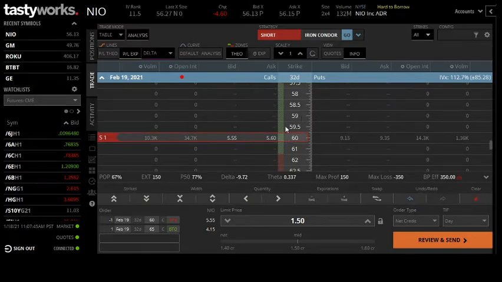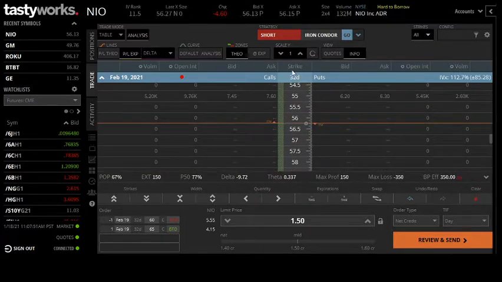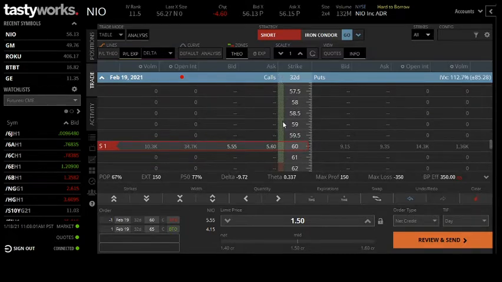So as long as it stays below $60, we're going to receive max credit. So as it goes down, we're going to make money. If it goes sideways, we're going to make money. If it does nothing, we're going to make money. If it goes up a little bit, for a second, we're going to lose a little bit of money. Well, if it stays where it is, if it doesn't breach our strike, we're still going to make money.